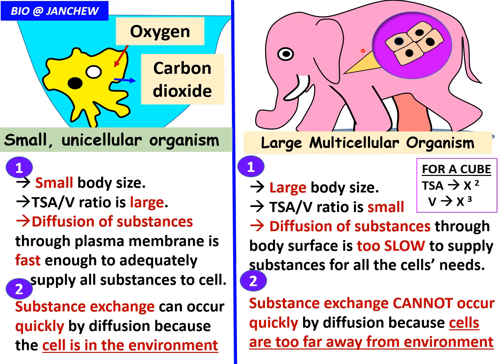They are very far deep inside the body, far away from the external surface. So diffusion of oxygen or other substances through the body will be too slow to let these cells get the oxygen in time, right? Thus, they need a specialized transport system to transport oxygen, for example, to the body cells, and also to transport nutrients to the body cells.